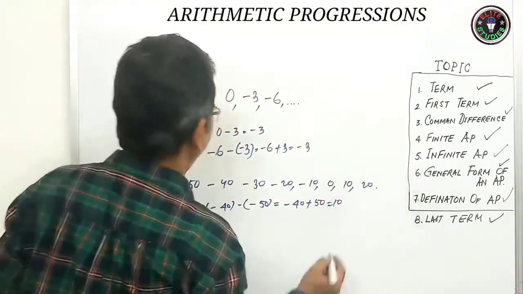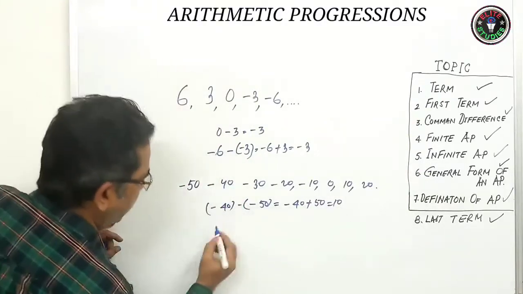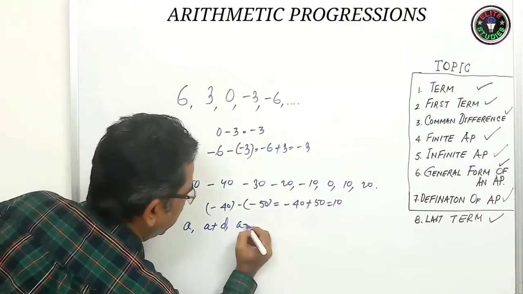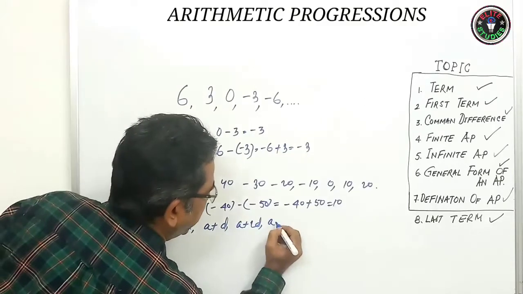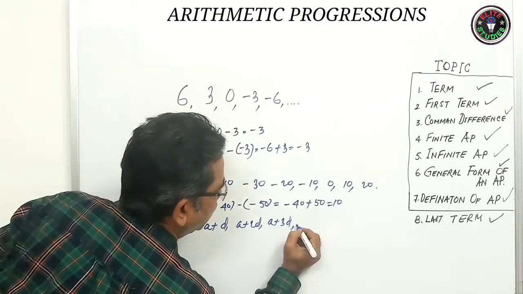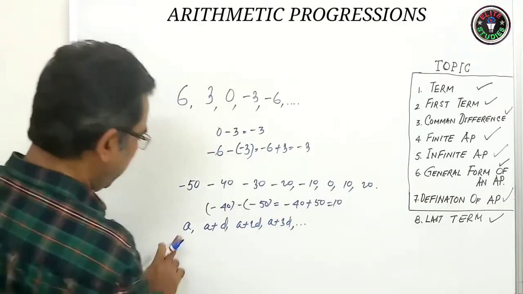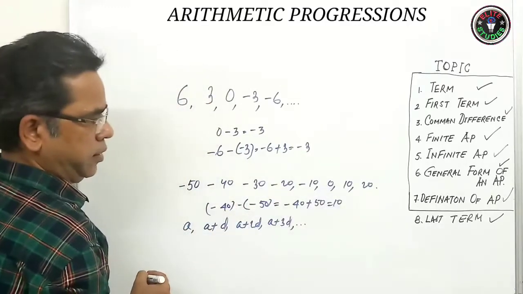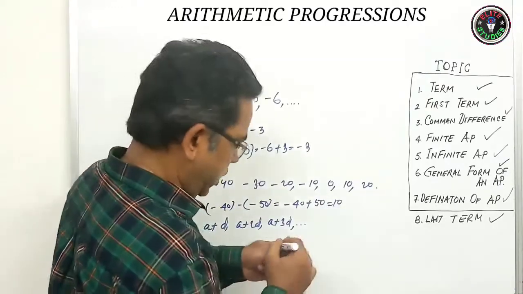And the general form of AP, I told you, is written as A, A plus D, A plus 2D, A plus 3D, and so on. First term, second term, third term, fourth term like this. Now, definition of AP.